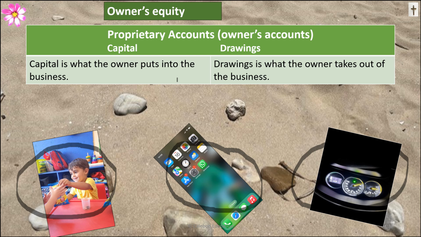So owner's equity consists of what the owner puts into the business, capital, what the owner takes out of the business, drawings, for his or her personal use, and capital and drawings, they're known as proprietary accounts.